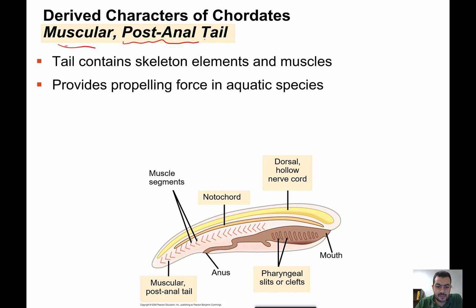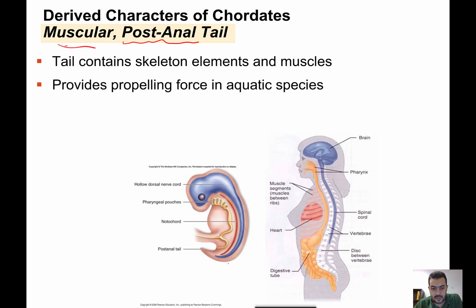In non-chordates, the tail is an external structure, but in chordates the tail is going to extend beyond the anus, and this is one characteristic. In humans, this tail is going to be dramatically reduced in size during maturation stages.